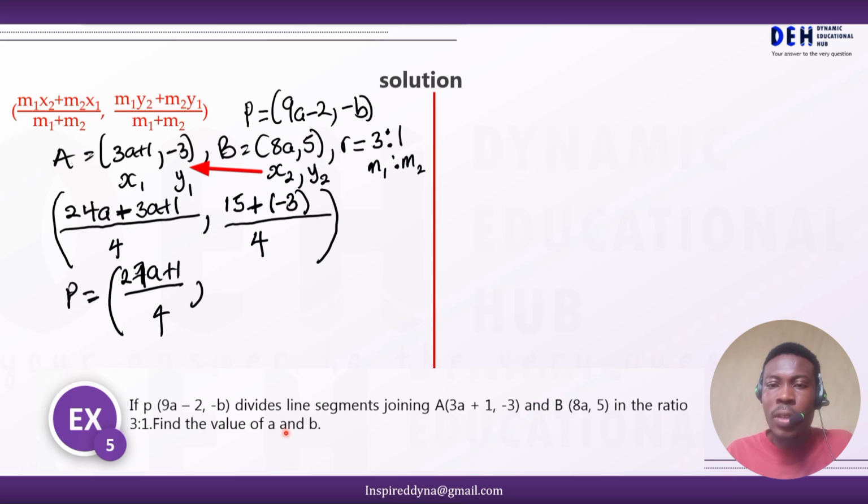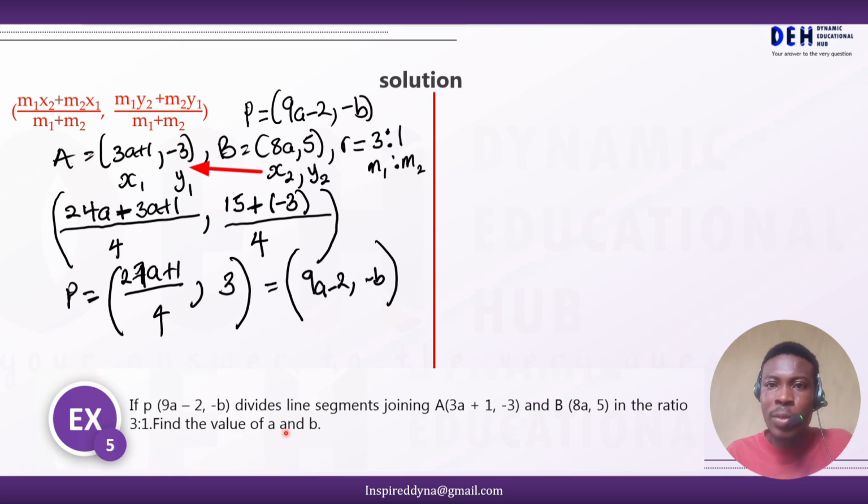Now we have 15 plus minus 3, that is 15 minus 3, since plus times minus is minus. 15 minus 3, we have 12. 12 over 4 here. What is 12 divided by 4? We have 3. And that is also the coordinate of P in the question, 9a minus 2, minus b. So we have gotten this.